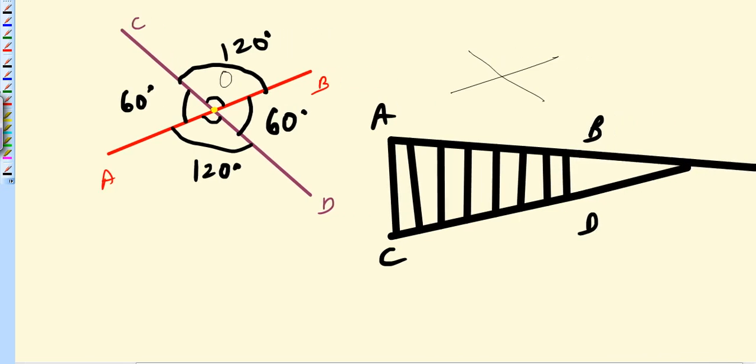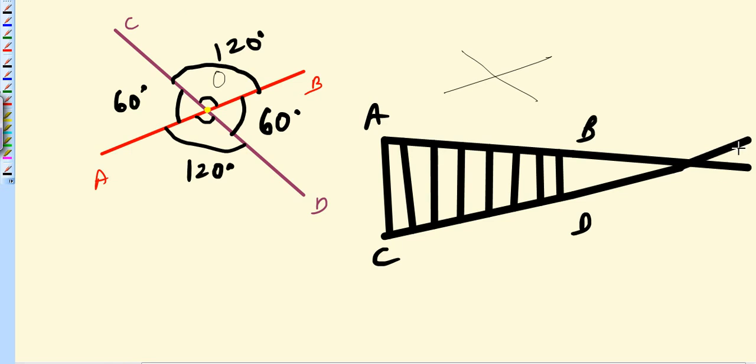So these two lines are meeting each other at this point. So again, this is the intersection point, and this angle and this angle will be equal, and these are vertically opposite angles.